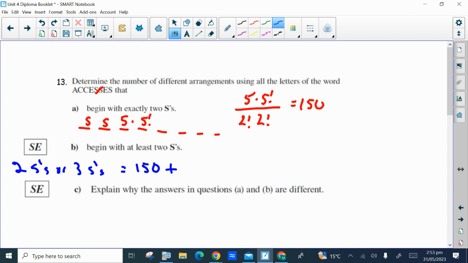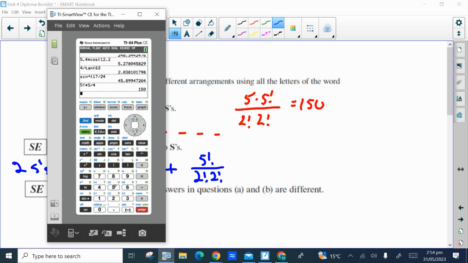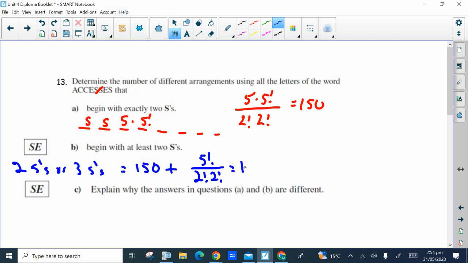That means that there are 5 letters left, and they could be arranged in 5 factorial ways. But we can't forget about the repetition again, because there are 2 C's and 2 E's. So 5 factorial, which is 120, divided by 4 is 30. So our answer will be 150 plus 30, which is 180.